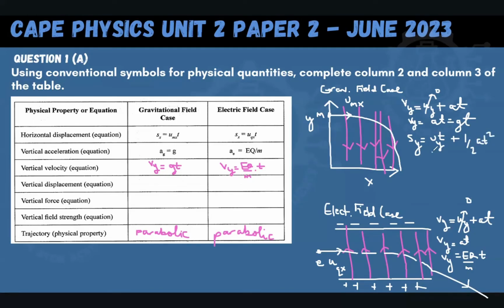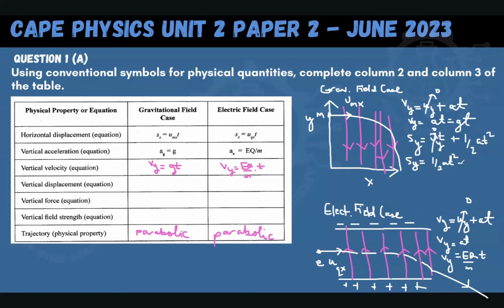Again, U in the Y is 0 because initially it's only going in the X. It's being projected horizontally. So this whole thing goes away and we're left with SY being equal to half AT squared, right?